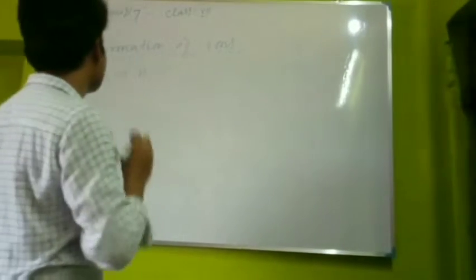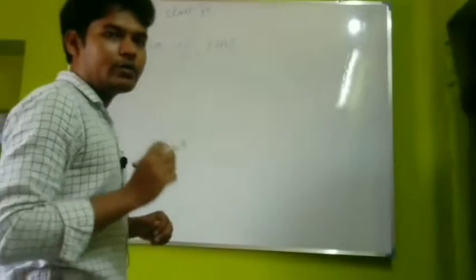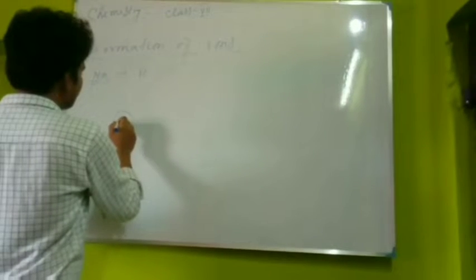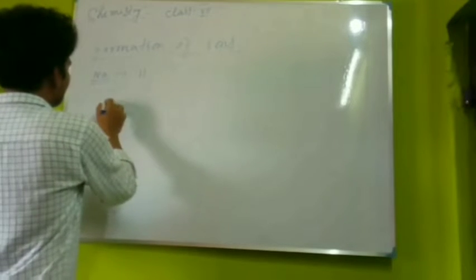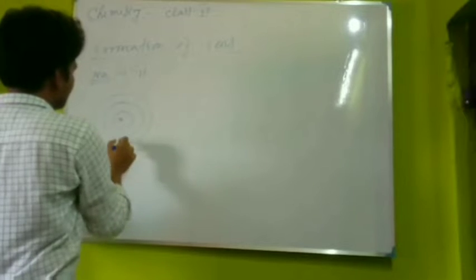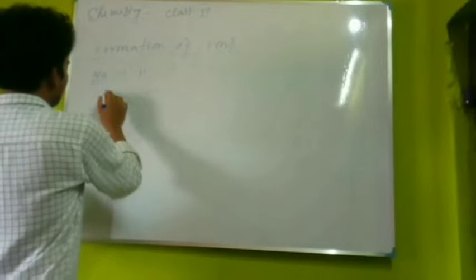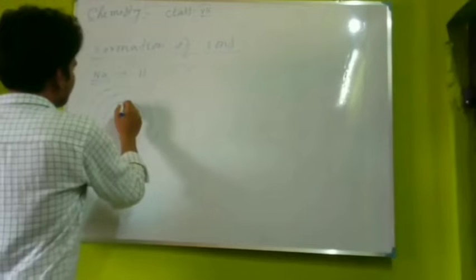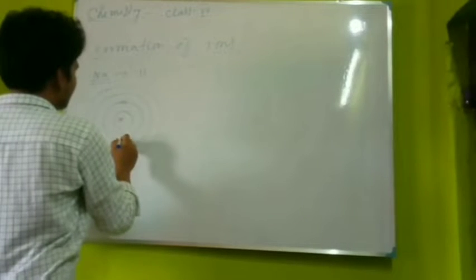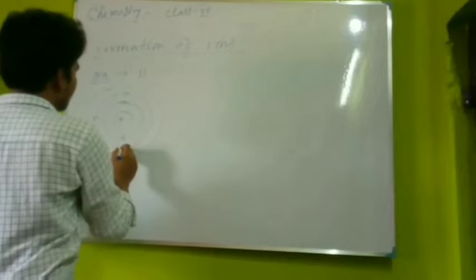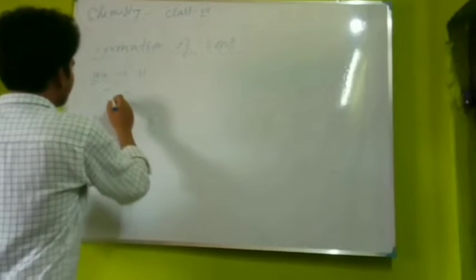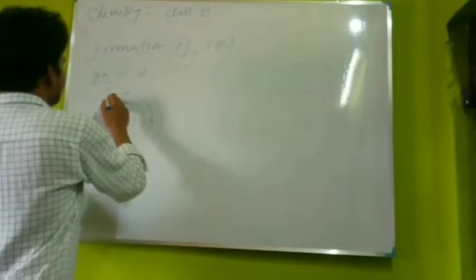That means 11 protons and 11 electrons are present in an atom of sodium. So at first that is the nucleus, then that is the first orbit, that is the second orbit, that is the third orbit. In the first orbit 2 electrons are placed. Then in the second orbit a maximum of 8 electrons will be placed.